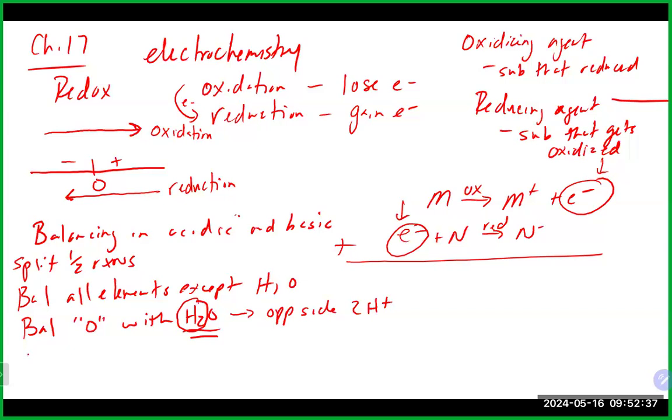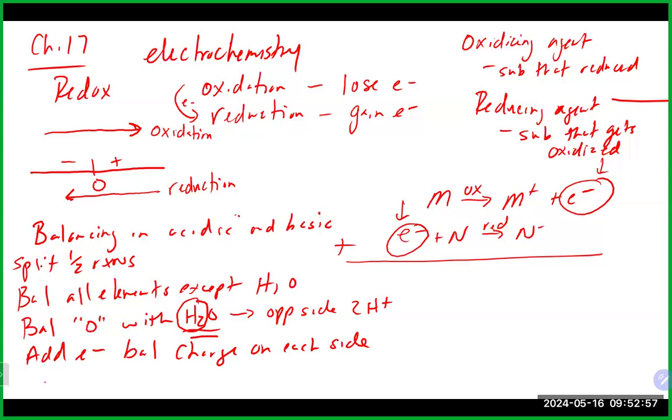At that point, we could add our electrons. And we're going to add our electrons to balance the charge on each side. And remember that the charge on each side of these half reactions does not need to be 0, but they do need to have the same number.